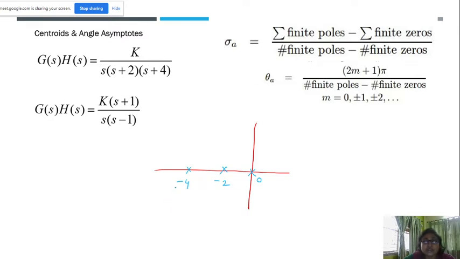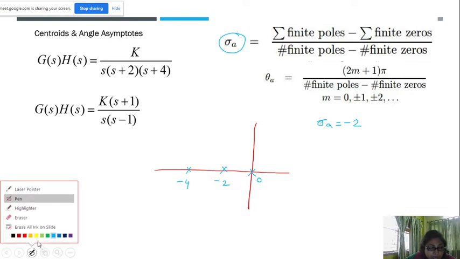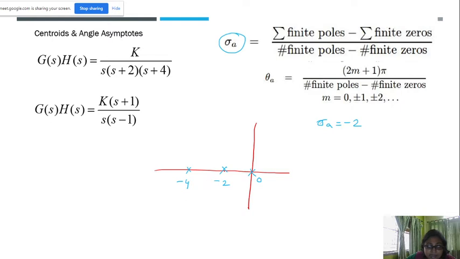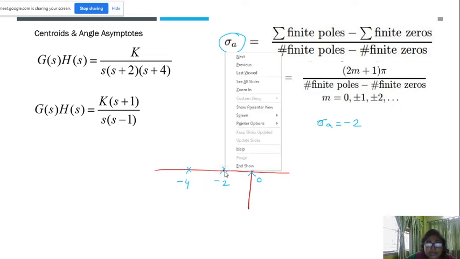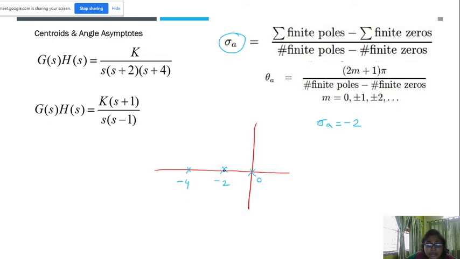How you will draw it depends on your asymptotic angles, and where to draw the asymptotic angles is given by your centroid. The centroid was at minus 2. Though there is a pole over here, still my centroid position will be minus 2.